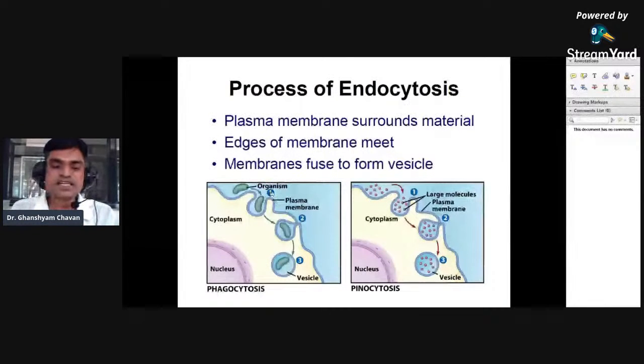Now in stage 1 you can see it start to engulf, and in stage 2 it completely engulfs and the mouth has been closed, and in stage 3 the bacteria or virus completely gets inside the macrophage.